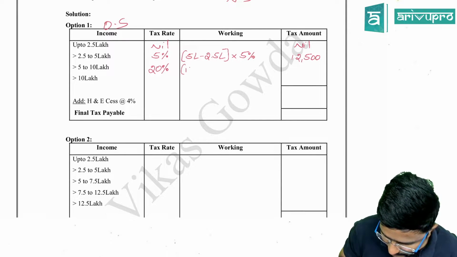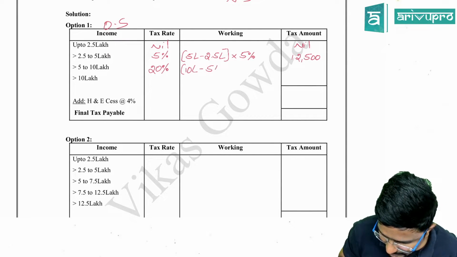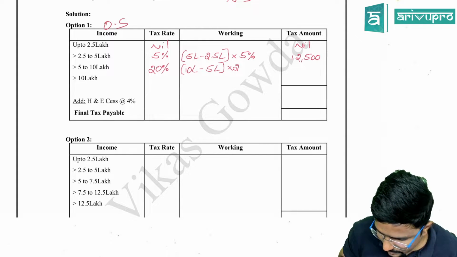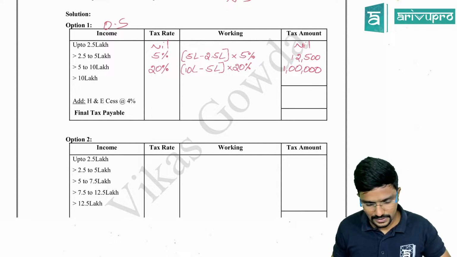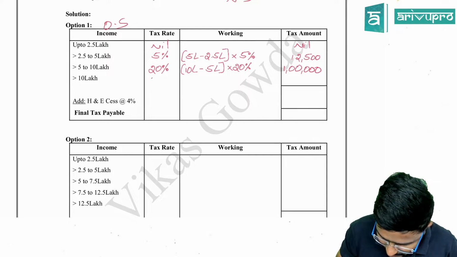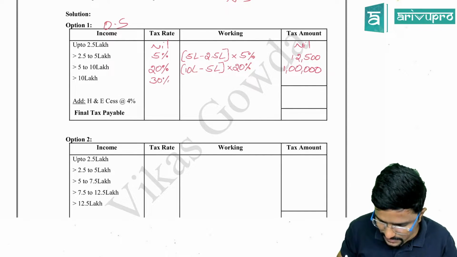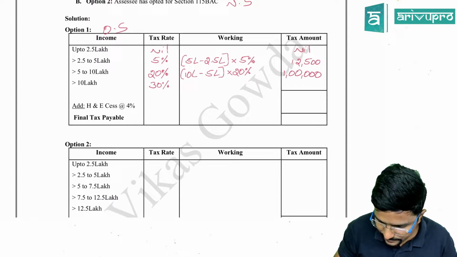Next, 5 lakh to 10 lakh, 20%. So find out the difference: 10 lakh minus 5 lakh into 20%. That comes to 1 lakh. Then more than 10 lakh, 30%. How much is his income? 14.25 lakh.